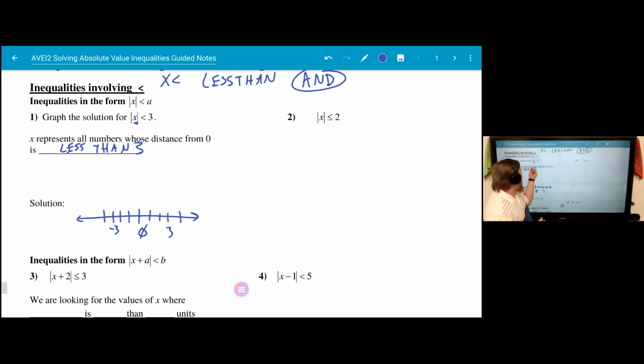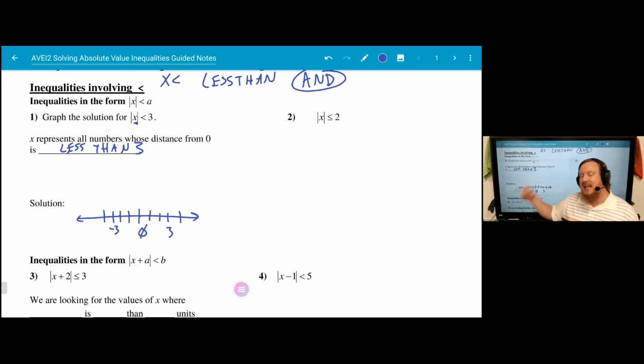The absolute value of -1 is 1, and 1 is still less than 3, so it's getting in here. Well, 2 and -2 would also be, but if I get to 3, the absolute value of 3 is not less than 3. Similarly, the absolute value of -3 is not less than 3.